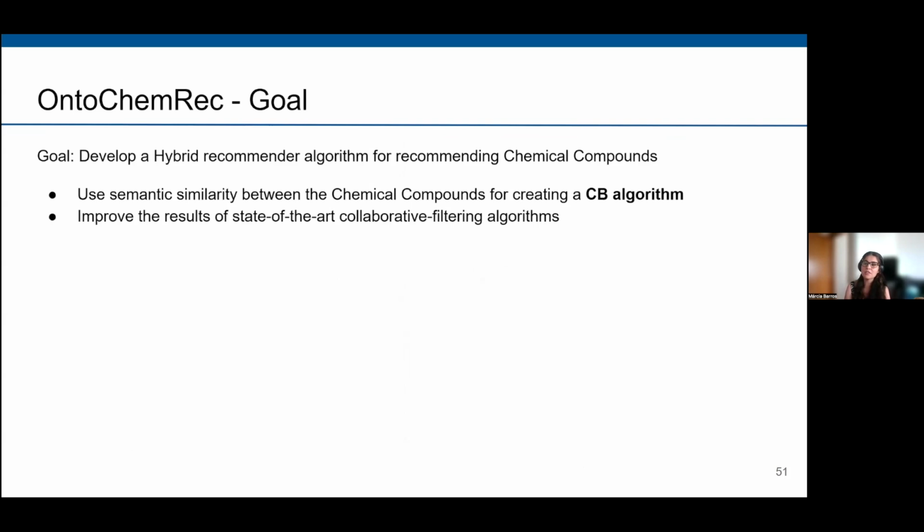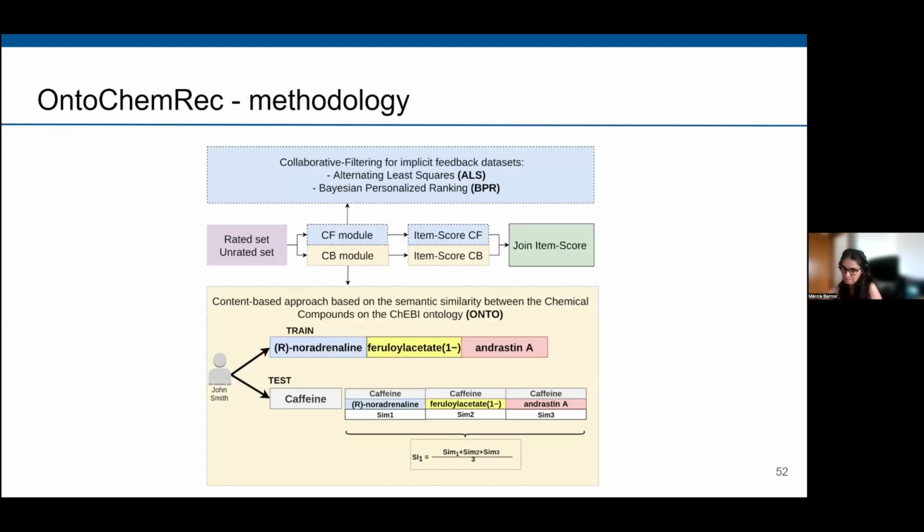The goal here was to develop a hybrid recommender system for chemical compounds, but the main idea was to use semantic similarity between the chemical compounds to create a content-based algorithm. And we wanted to see if combining this with state-of-the-art collaborative filtering algorithms, we could improve the final results. Just a bit.